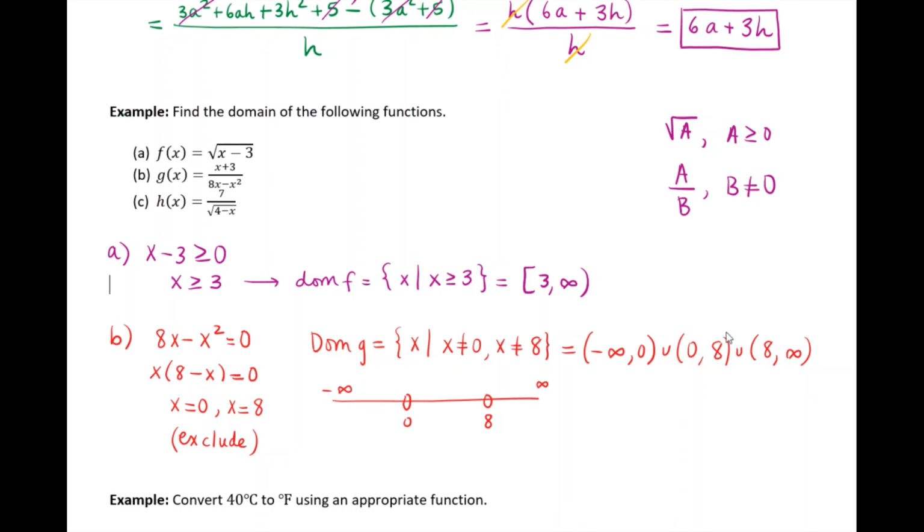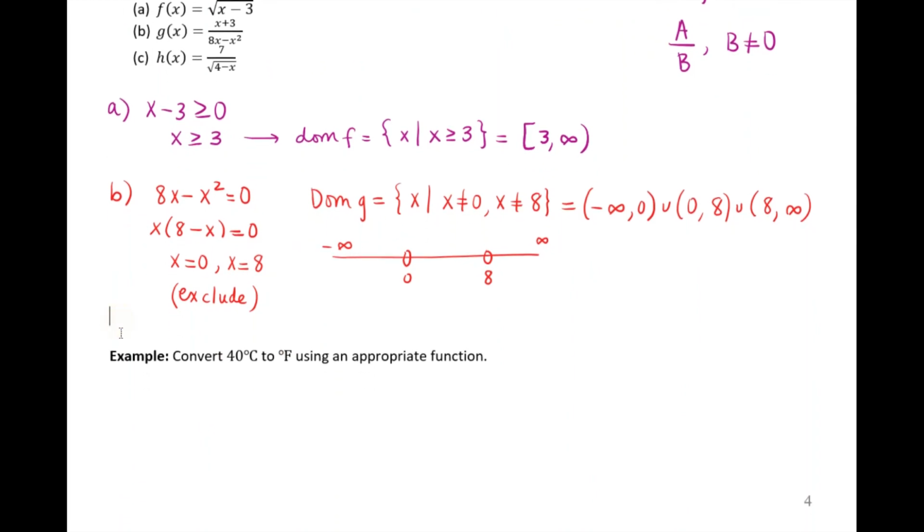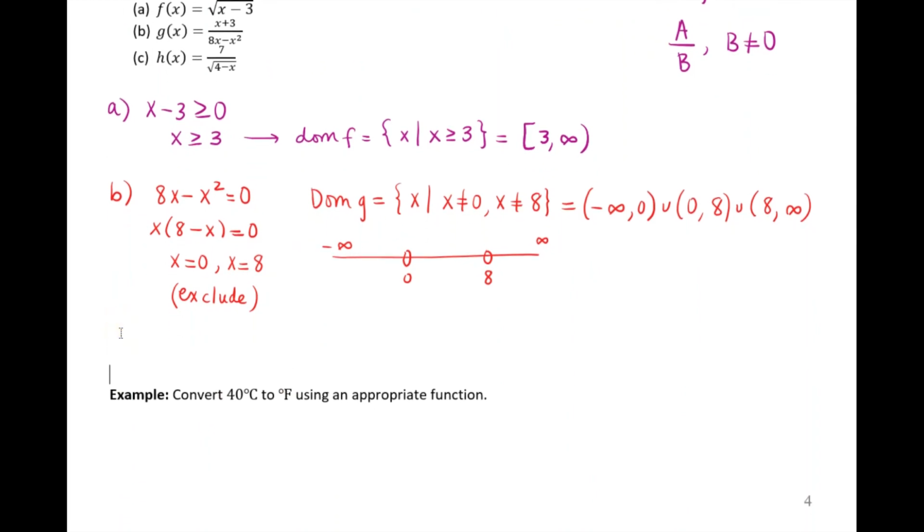Now, the last one is so simple, but let's take a look at that last problem, which is part C. You have a radical, but it's also at the denominator.